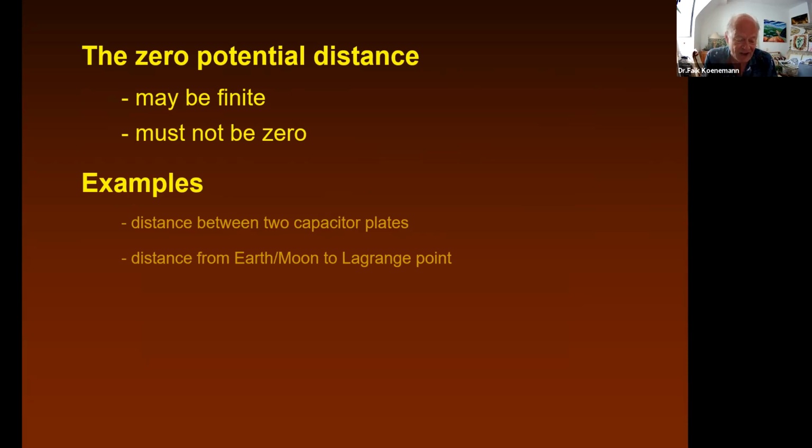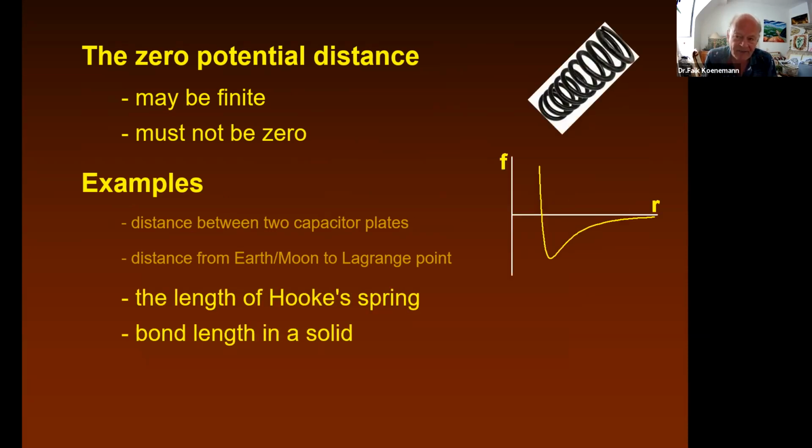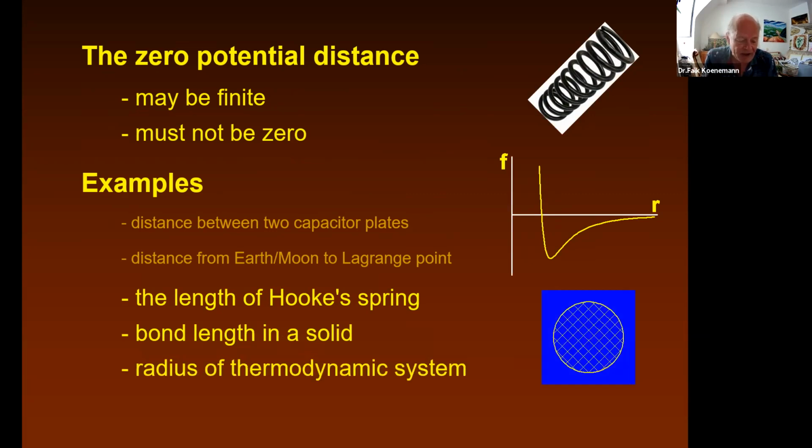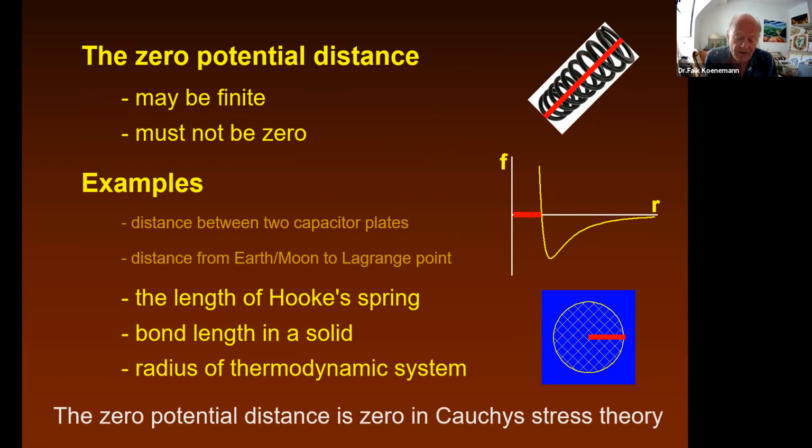To give a few examples of the zero potential distance, it may be the length of Hooke's spring, or the length of a bond in a solid, or the radius of the thermodynamic system. Without this distance term, physical work cannot be defined.